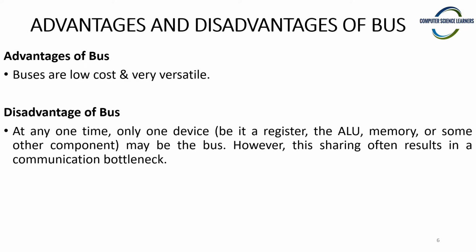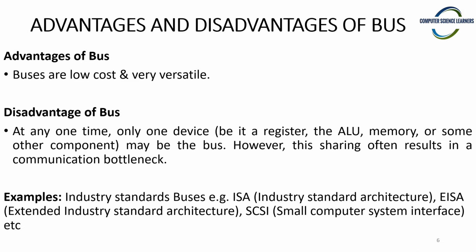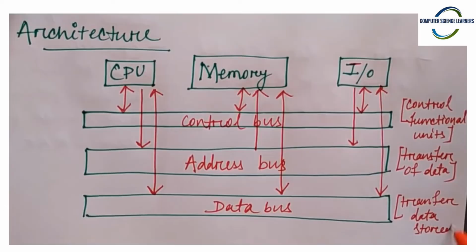There are certain methods to overcome these disadvantages. Examples of typical industry standard buses are ISA bus, which is industry standard architecture, EISA, SCSI, PCI. These are the different buses that we generally use in our system.